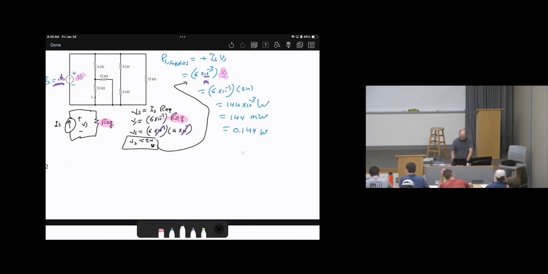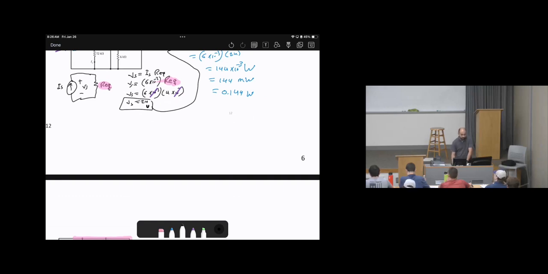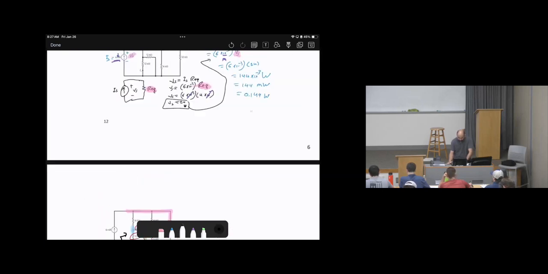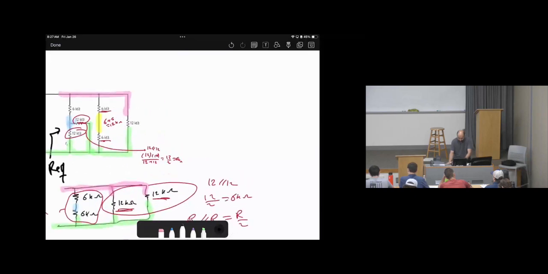Now I'm going to talk a little bit about the power for different elements. Let's see if we have space here. Okay, I can take this corner.